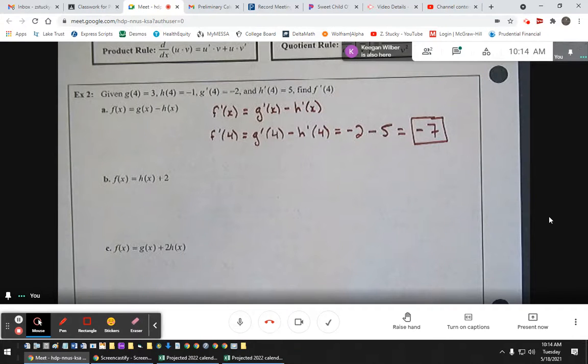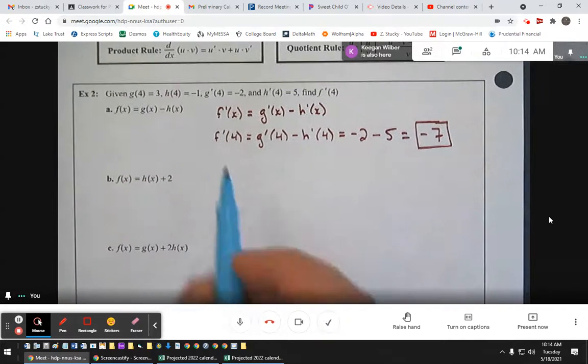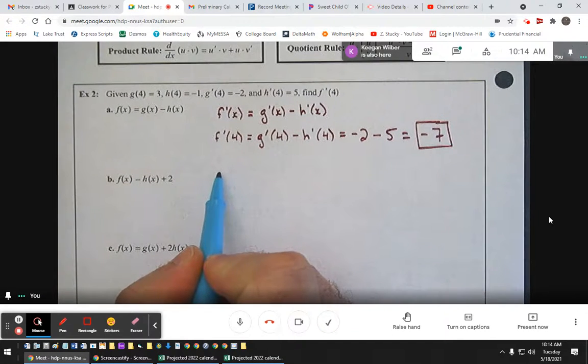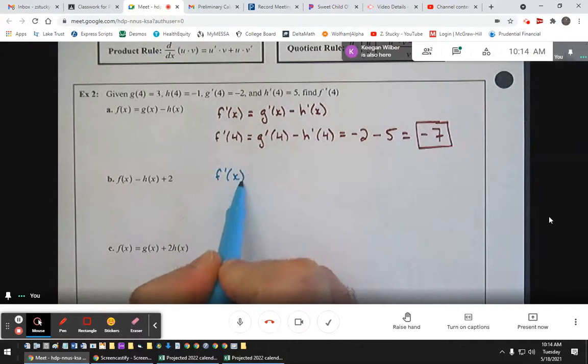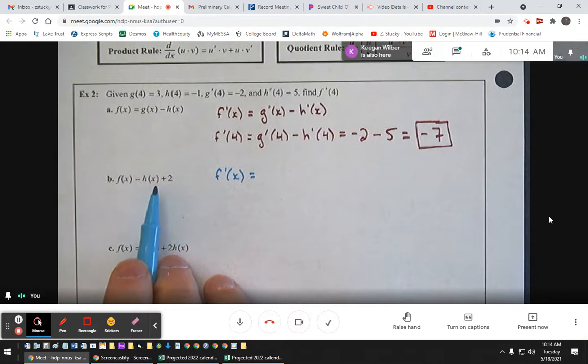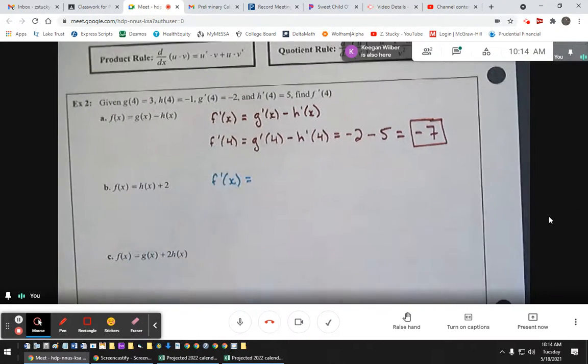All right, let's look at the next one. Again, what's the derivative of F? F prime equals. Now this is the part that you got to think with me. You've got to step back and say, what type of rule is this? There's 4 rules, but there's basically 2 categories.